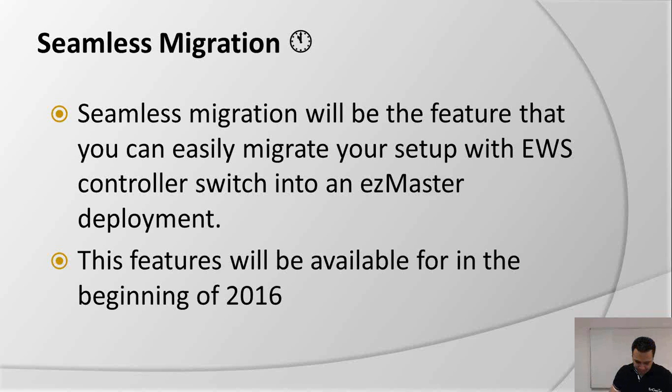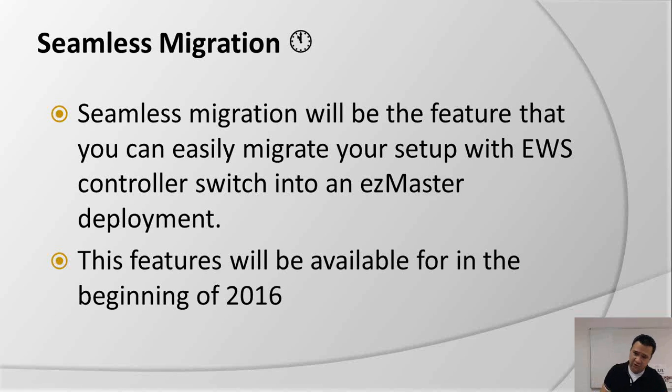Seamless migration, one function in this last column. Also for this, in the beta version, it was not finalized yet, but I will just explain what it is and what we can expect. Seamless migration is a feature that lets you easily migrate your setup with the EWS Controller into an ezMaster deployment.